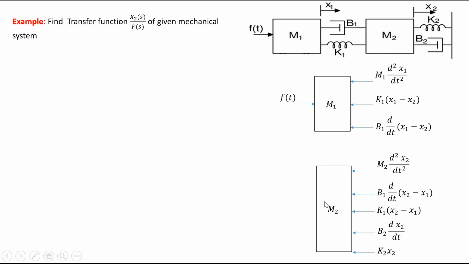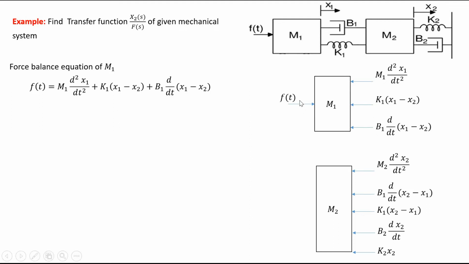Now we have the free body diagrams of both, so we can write the force balance equations. First, for m1: f(t) on one side, and on the other side m1 d²x1/dt², k1(x1 − x2), and b1 d/dt of (x1 − x2). Then we take the Laplace transform without initial conditions.